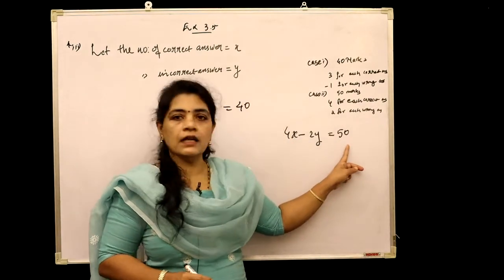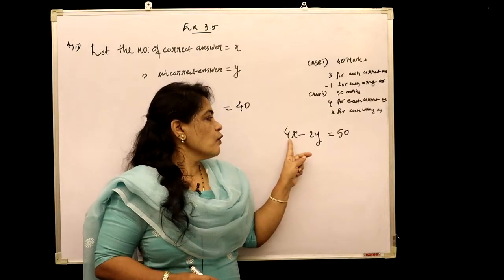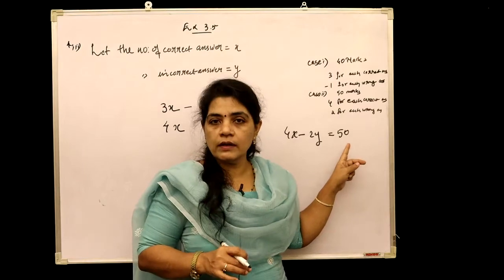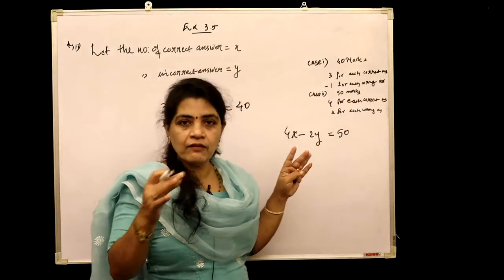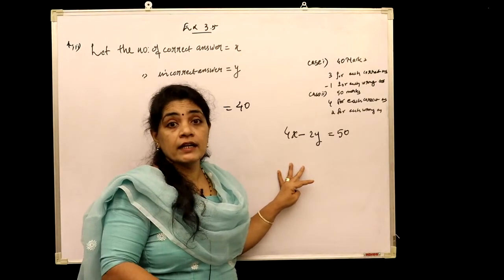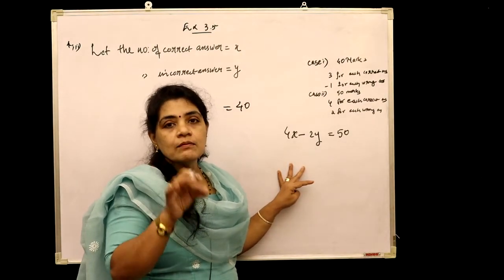See, in the second equation, since 4, 2 and 50, 2 is common. So you can reduce it by dividing both LHS and RHS by 2. Each term should be divided by 2 so that you can get the simplified form.